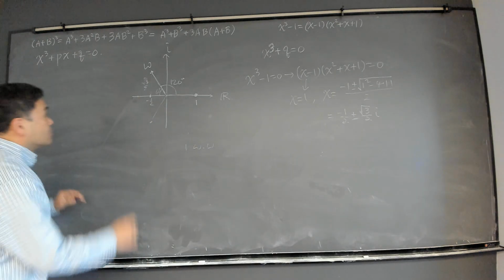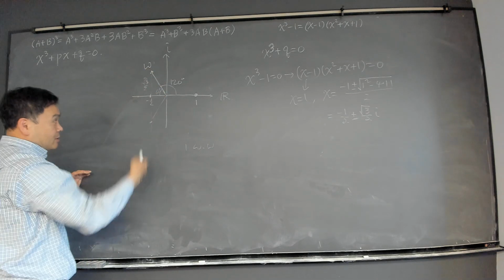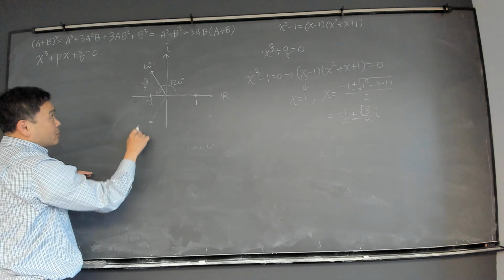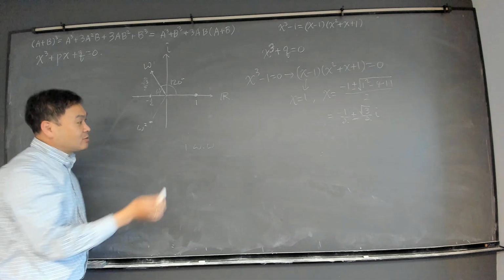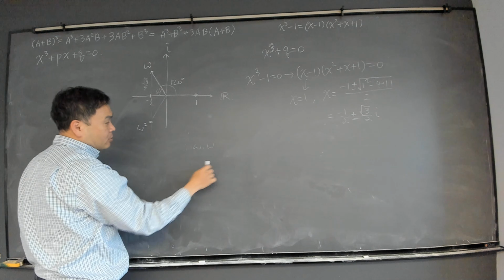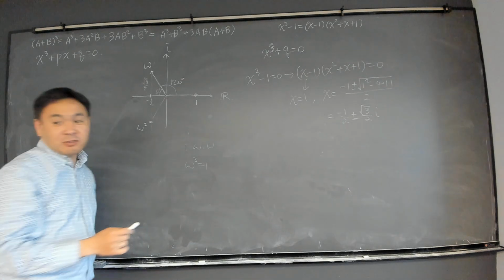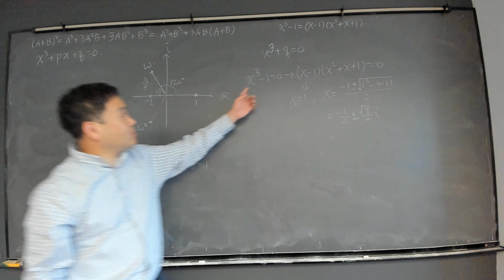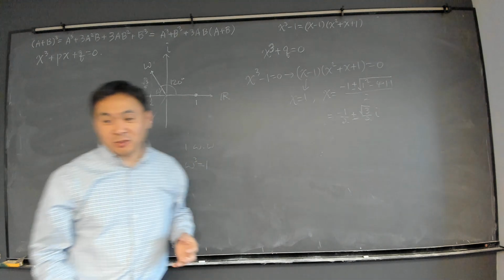So over here, it's at the same exact vertical line. You get omega squared. And then you multiply omega to this again, you come back here, so you see that omega cubed is 1, which is a good thing because omega cubed minus 1 is indeed equal to 0, right?